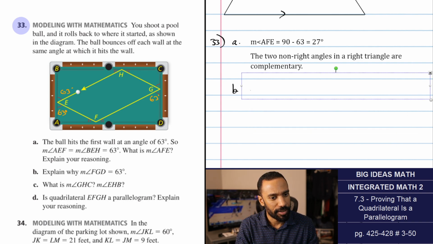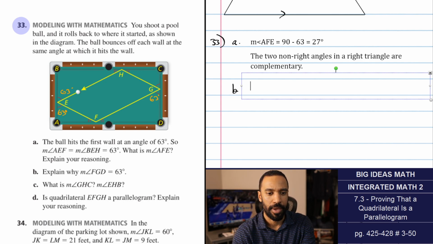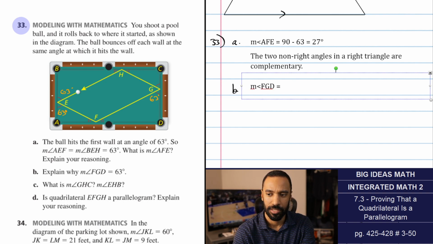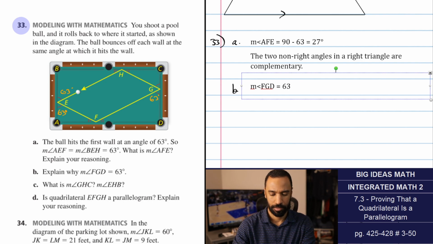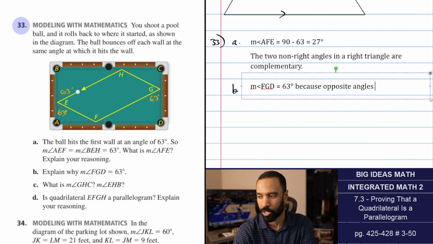Because measure of angle FGD is 63 degrees because opposite angles in a parallelogram are congruent.